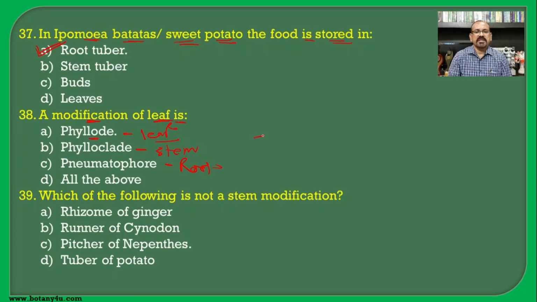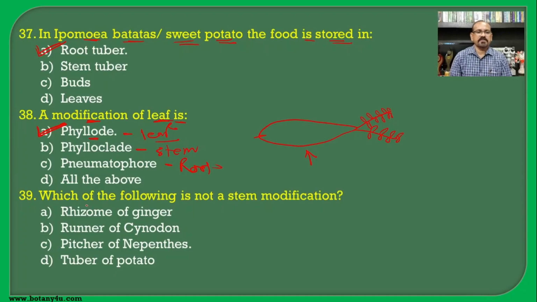In phyllode, the petiole looks like a leaf, and the original leaf, which is compound, is not found in the plant, but is present only in the earlier stage of plant development from the seed, and hence this type of modification of the petiole into a leaf-like structure is known as the phyllode, which is the modification of the leaf.